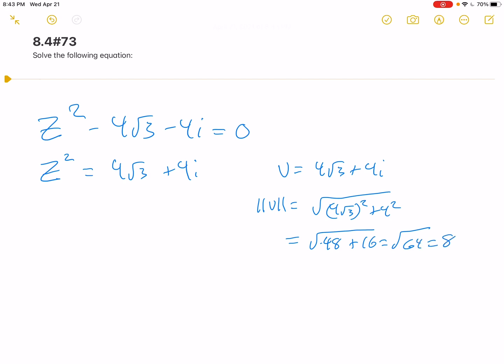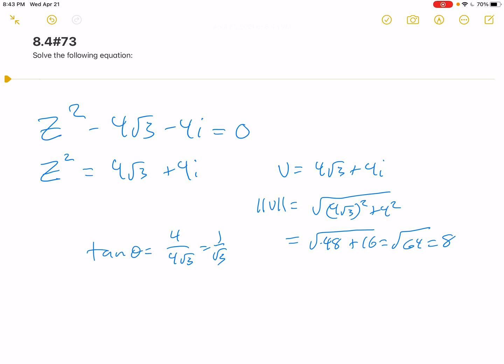And then if we want to look at the angle here for this vector, tangent theta is going to be the imaginary part, which is our 4, over the real part, which is the 4 root 3. That gives us 1 over the square root of 3.